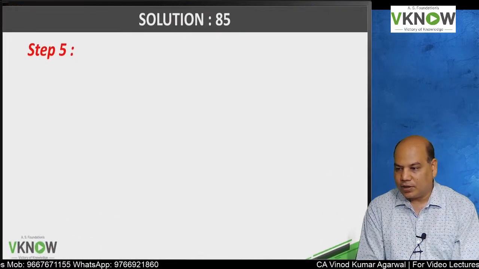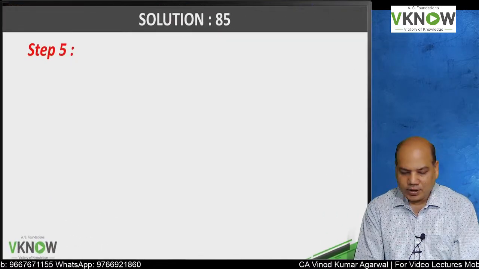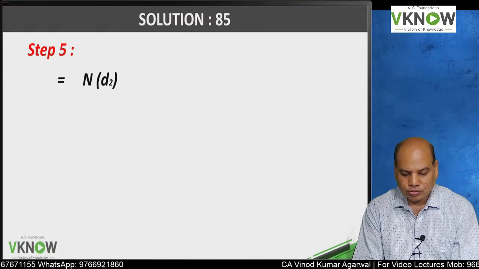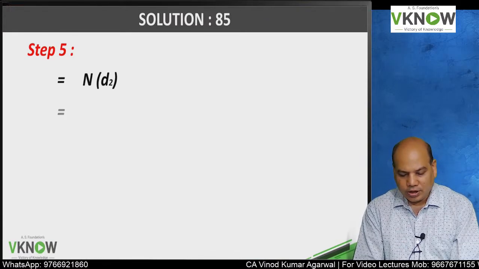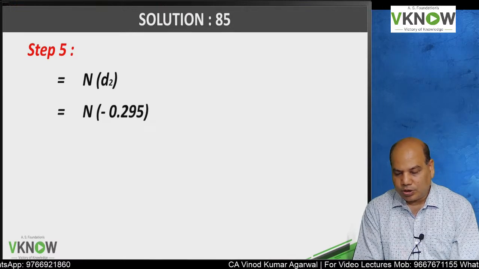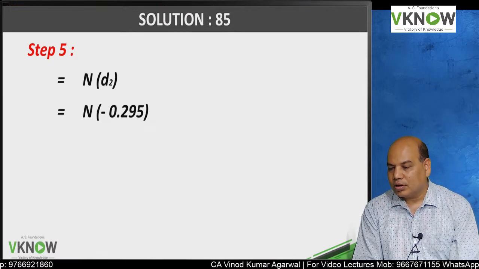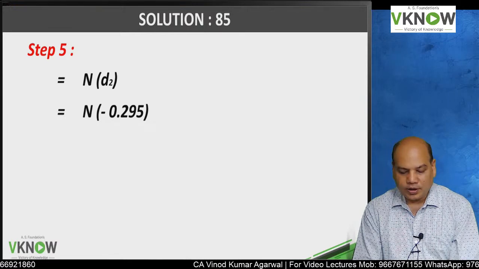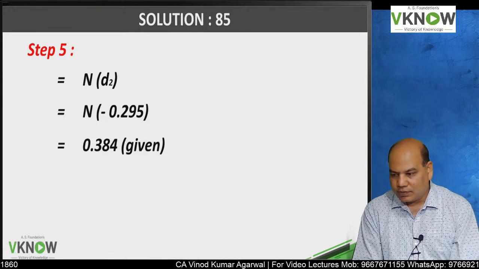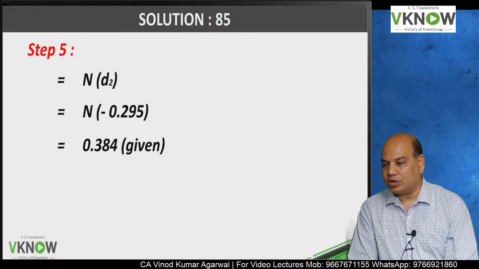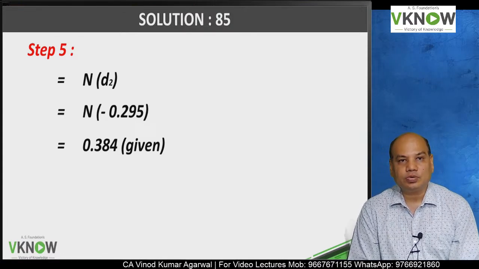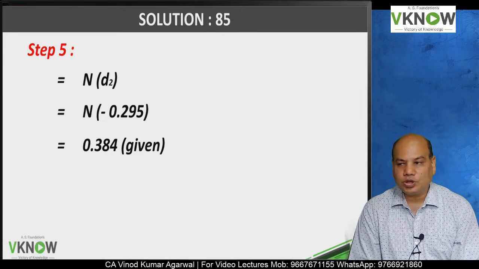Now write down step 5, ND2, under ND2 write N minus 0.295, which is given 0.384. If not given, you have to refer normal distribution table.